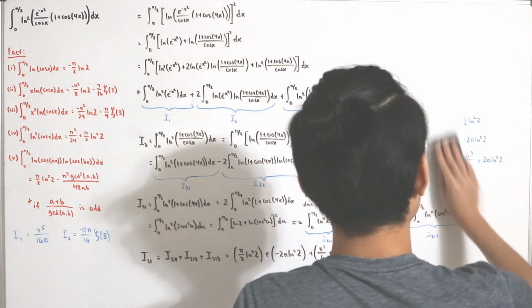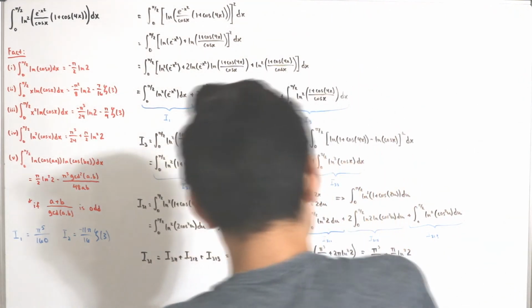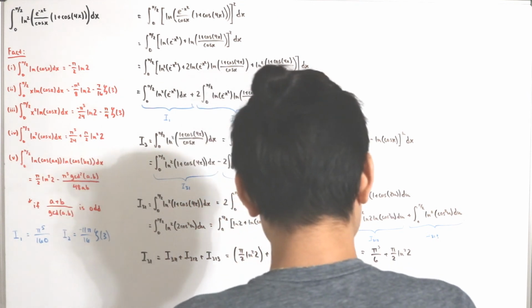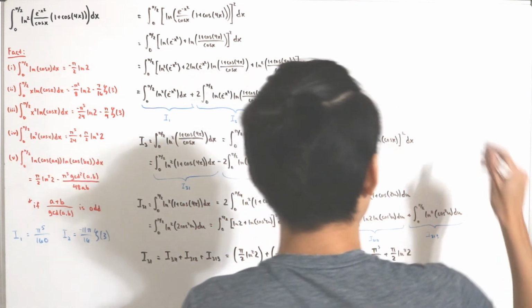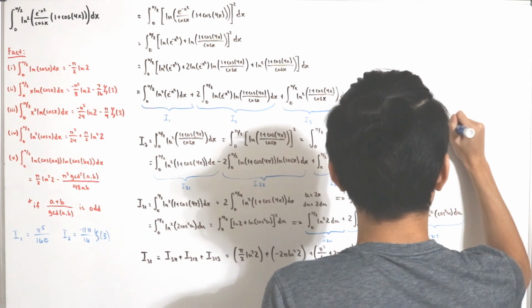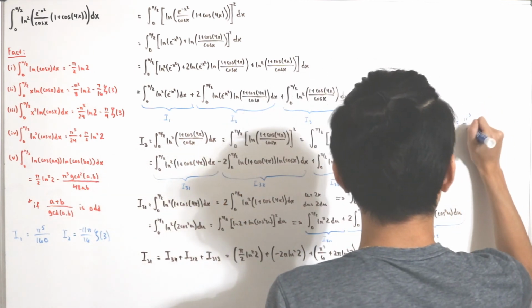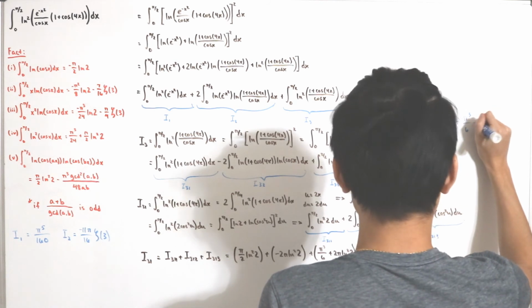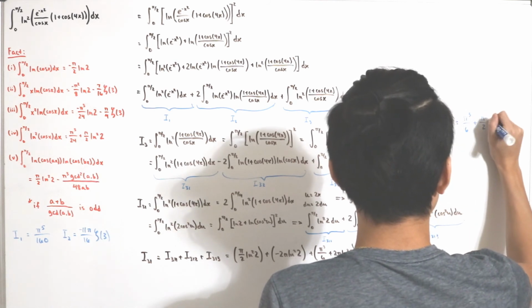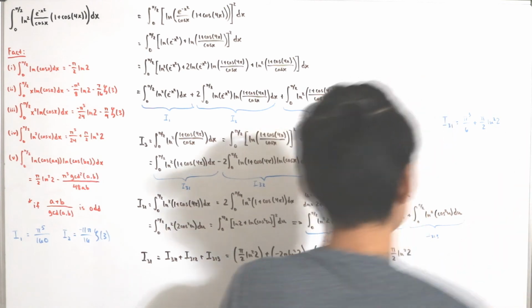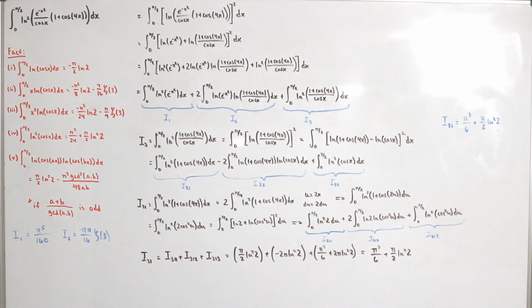Okay, so I don't need this anymore. So now I can replace. Now I can just write down what we have for I sub 31, which is equal to the following: pi cubed divided by 6 plus pi divided by 2 ln squared 2. Okay, cool. So that's nice.